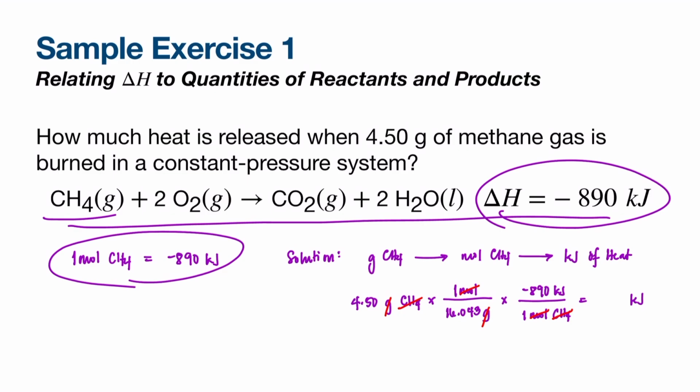So 4.50 grams of methane times 1 over 16.043 times negative 890 over 1, that is equal to negative 249.64 kilojoules of heat. And as we can see, the negative sign indicates that the system, the methane and the oxygen gas, release 250 kilojoules of heat into the surroundings.